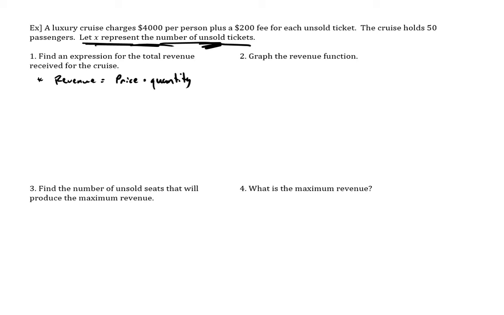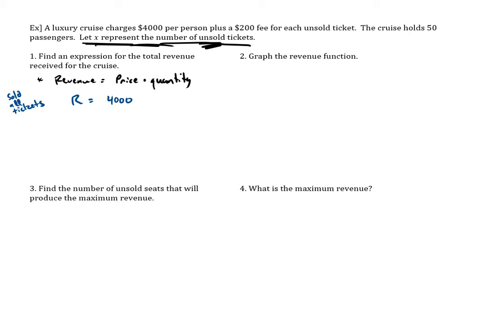Well, based on this information, let's set up the scenario of them being perfect. So if they sold all tickets, our revenue, I'm not going to do R of X yet, let's just do R, would equal the price of $4,000 per person.